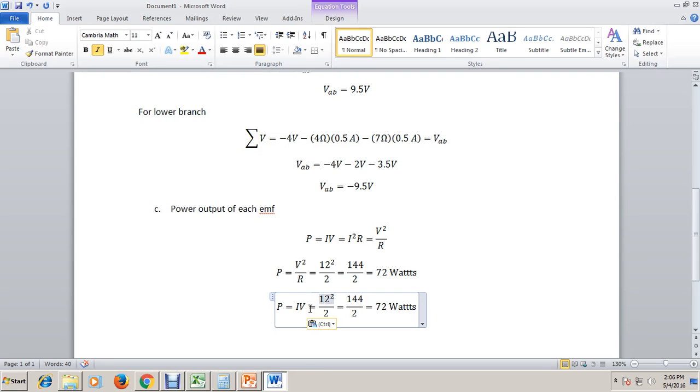So I times V means that you have the 0.5 ampere current, and you multiply this with V, which is 12 volts.